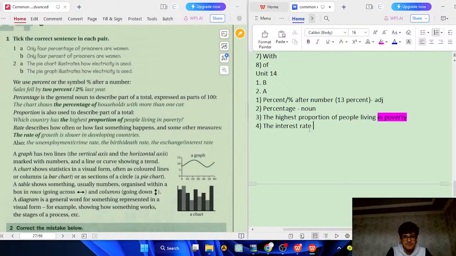The interest rate when you take out a mortgage, the average interest rate.